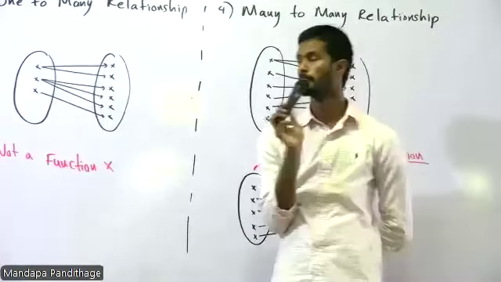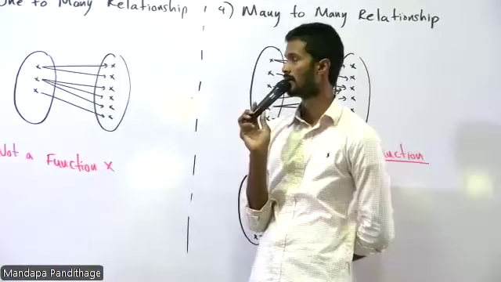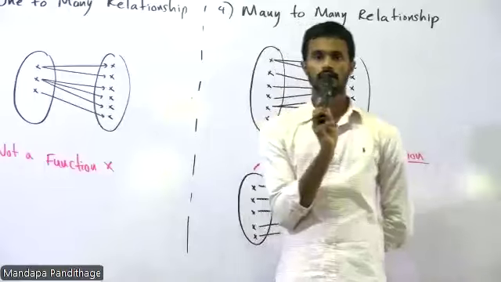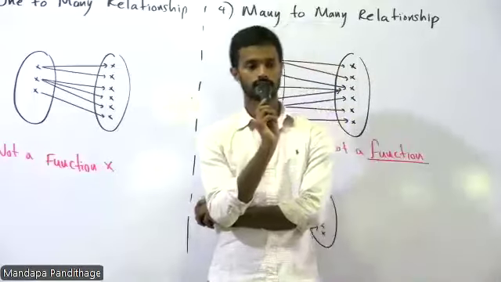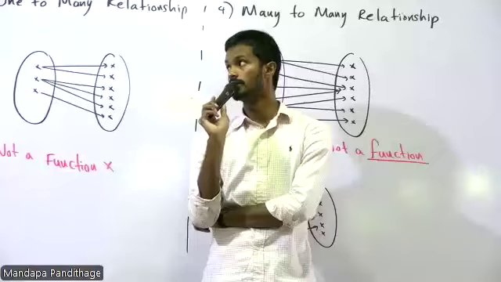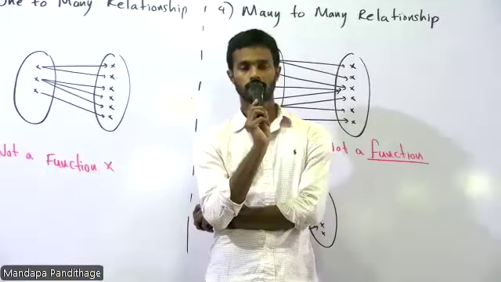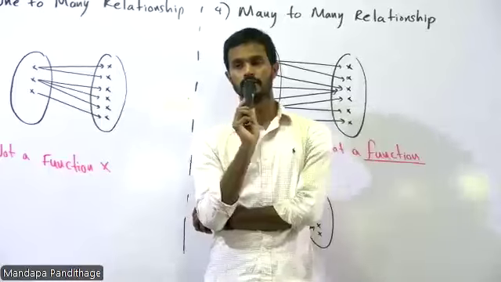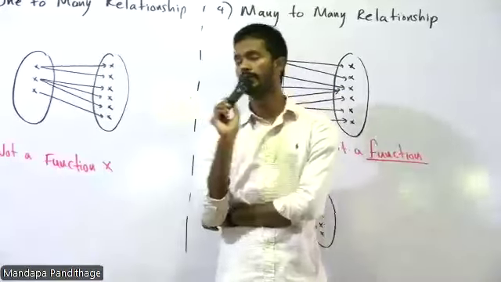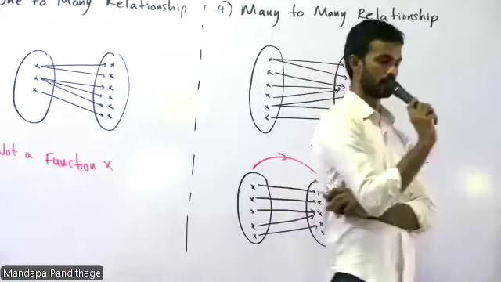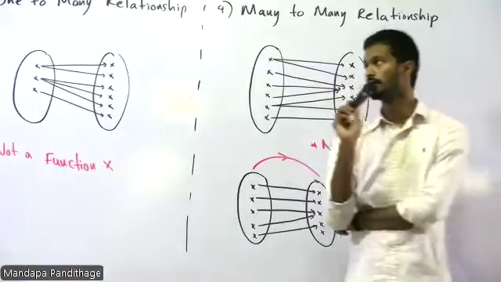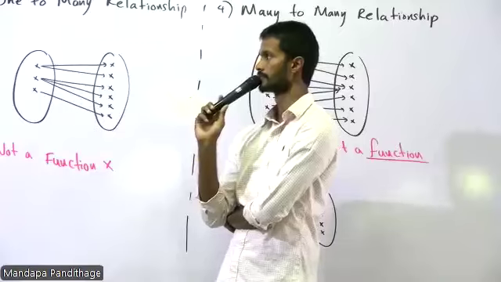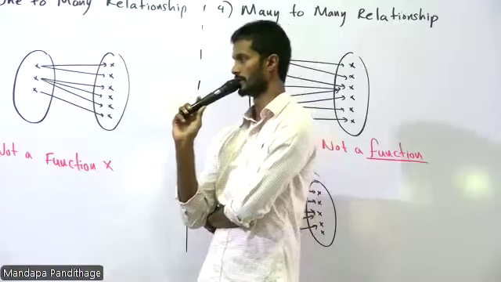Then continue: a function can only be either a one-to-one relationship or a many-to-one relationship.